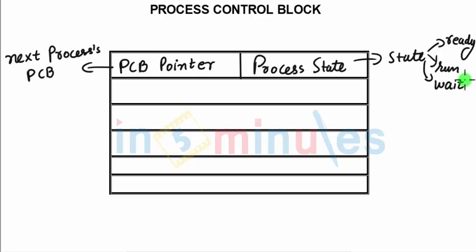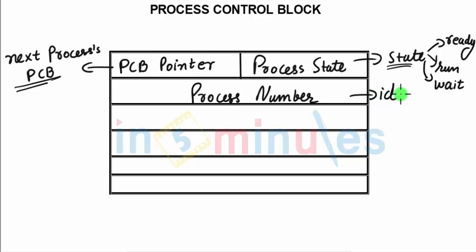After learning who will be loaded next and what is the current state of the process, the next job we will be doing is identifying the process itself. This is done by the process number. It is a way to identify the process, especially when there are n processes involved.